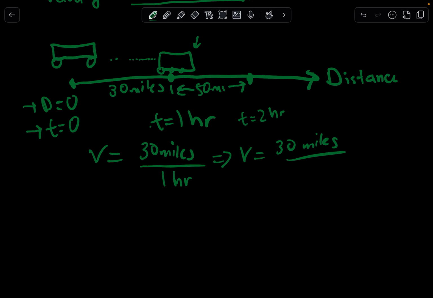So if we do our little math, in the distance of 2 hours, because now we're talking about this point where time equals 2 hours, our car traveled 30 miles plus 50 miles, which is 80 miles.